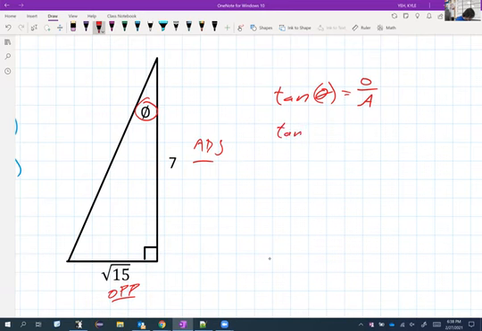So tan theta equals root 15 over 7. And then here's the other way you can think of it. What I showed earlier is the proper way. What's happening mathematically? We take the tan inverse of both sides, and that gets rid of the tan. Sometimes people say, how can I get the tan over to the other side? Well, what's the opposite of tan? Tan inverse.